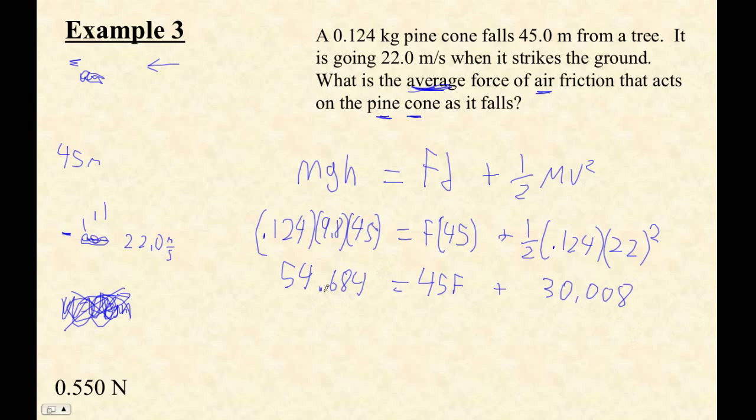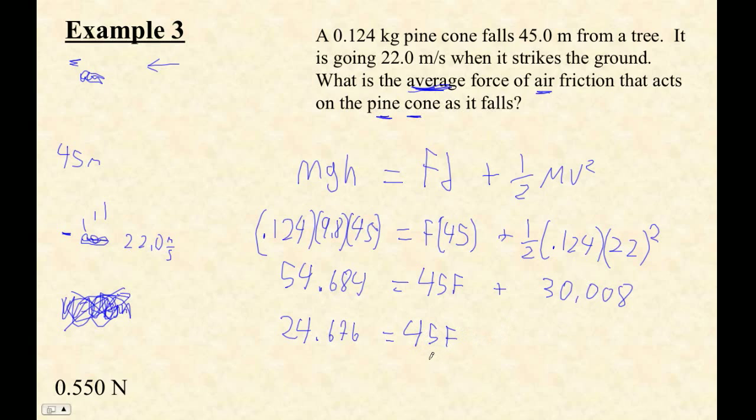Okay, so the next step is I'm going to subtract this from both sides, right? 54.684 minus 30.008, I get 24.676 equals 45 F, right?